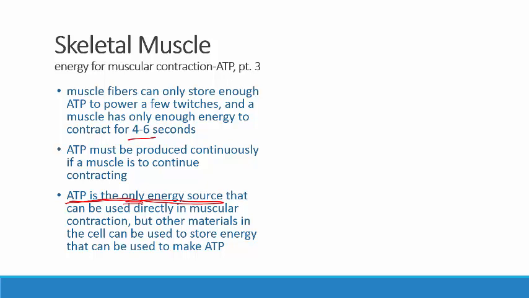We have some other products that we have laying around that can be very quickly converted into ATP energy. All right, so only ATP can be used, and we only store enough ATP to do 4 to 6 seconds or so of muscular contractions. But fortunately for us, we have some other forms of energy that we have lying around in the cell. So let's see what some of those other forms are.